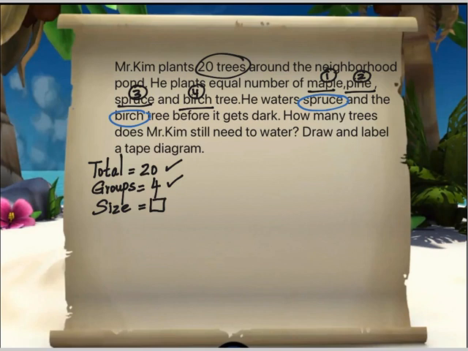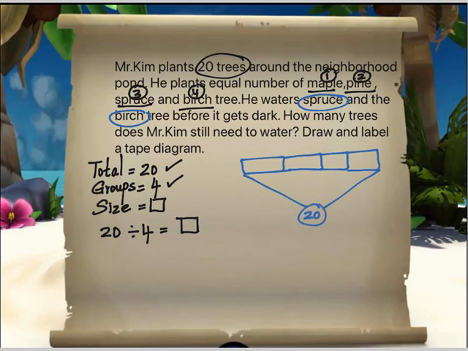Okay, so since we know the total and the groups, we have to go for a division number sentence, which is 20 divided by 4 equals what? Let me draw a tape diagram. So we know that there are 4 groups. Let me put 4.